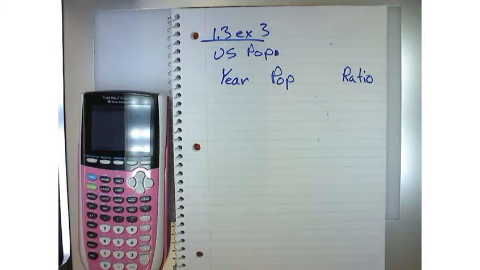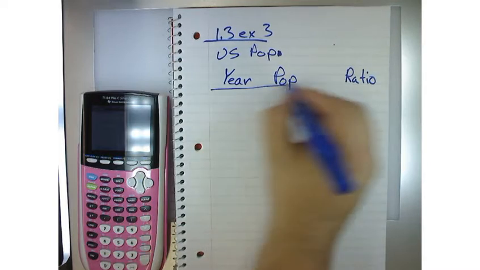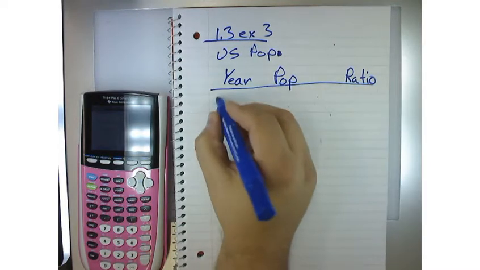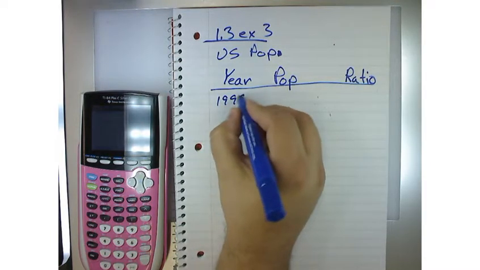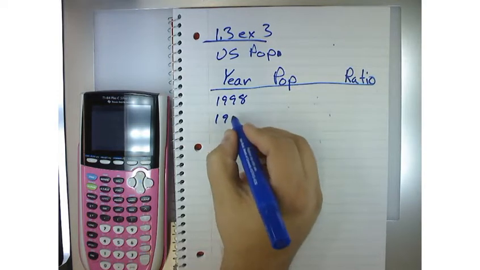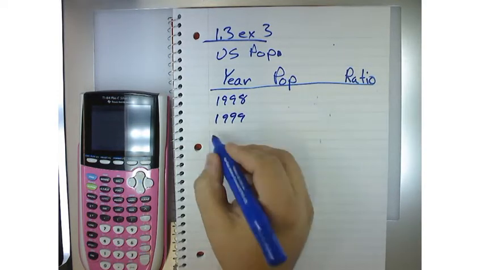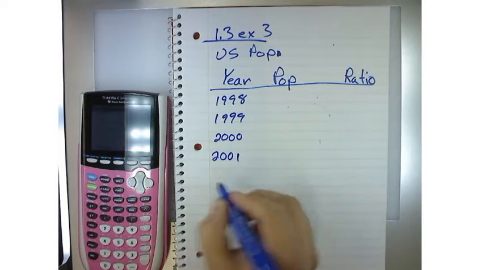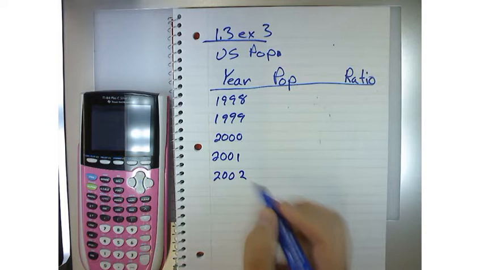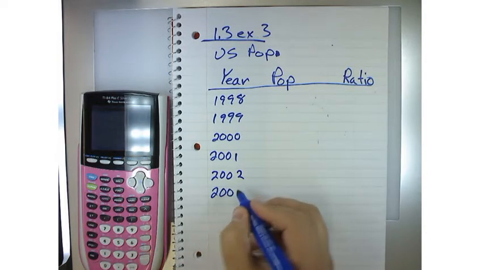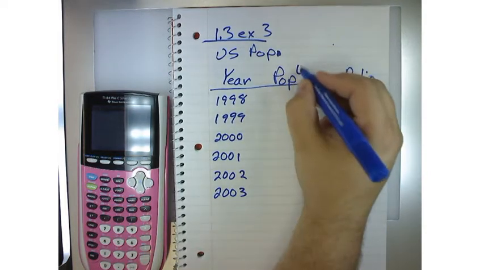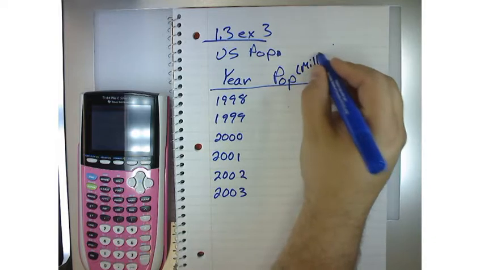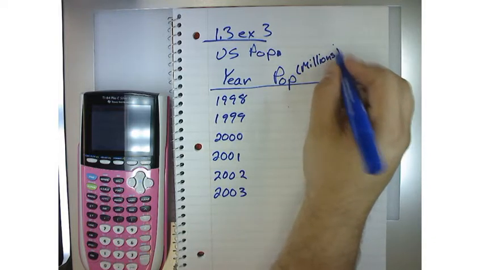Okay, and so we're going from 1998 to 2003. I should mention that the population is written in millions, so it's pretty big.